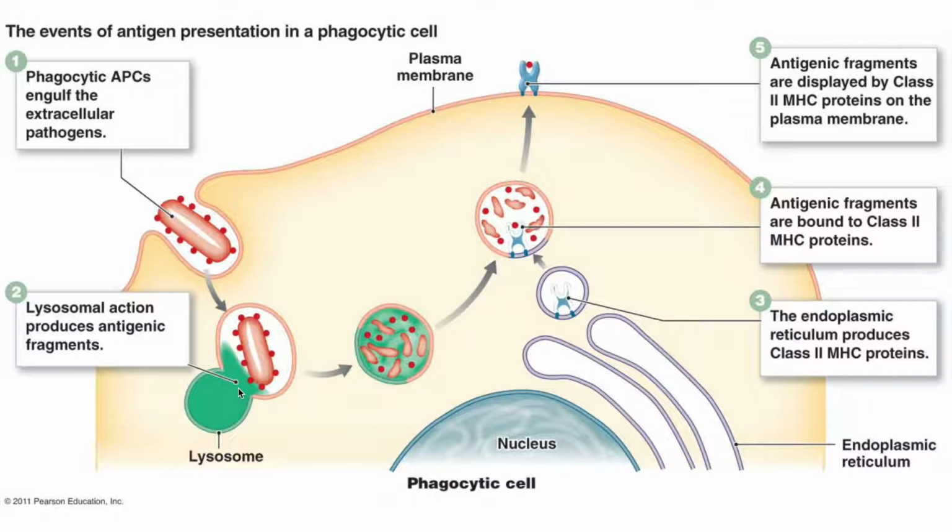As you see here, it will destroy it with a lysosome. And then the MHC2 proteins are going to take these antigenic fragments, these parts of the foreign cell, out to the plasma membrane where other cells can recognize them. And they might take them to a lymph node or somewhere where our body has lots of T cells and B cells, and this is where those T and B cells would become activated.